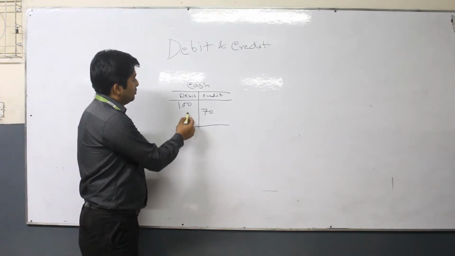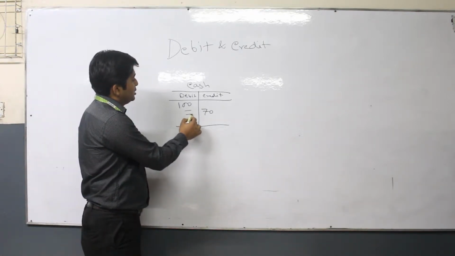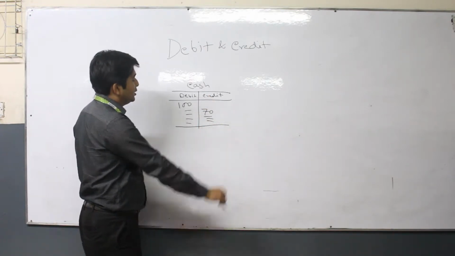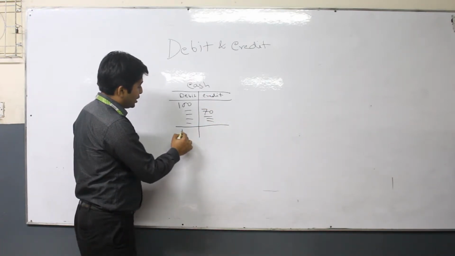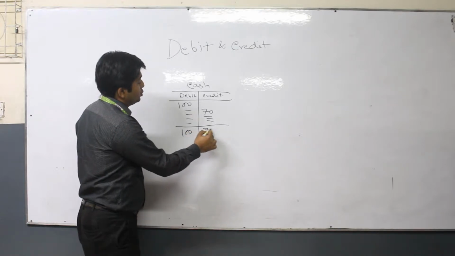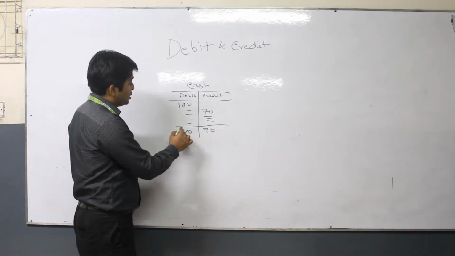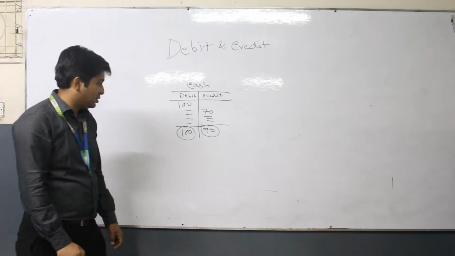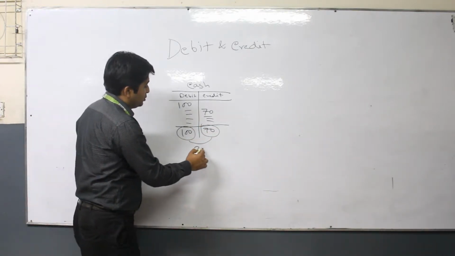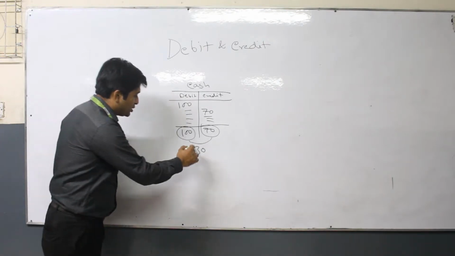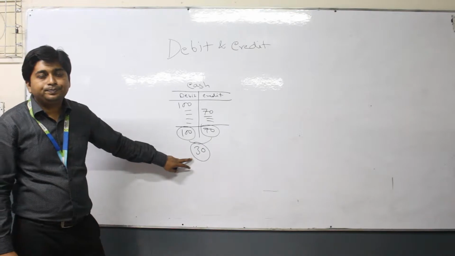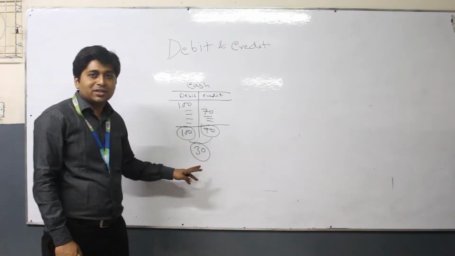Suppose several times this cash account is debited and several times it is credited. We can find the total of these two sides, the total debit side and the total credit side. We find the difference of 30. So we should say this is the balance of the cash account.